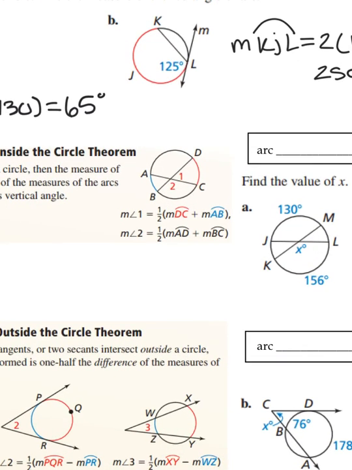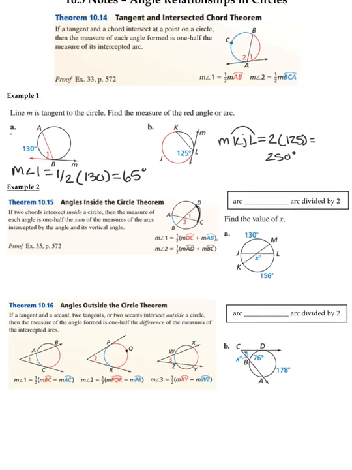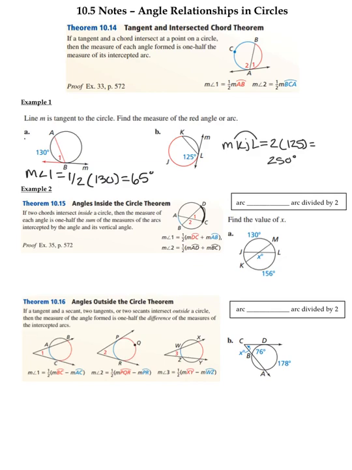If we look at the measure of angle 1 in this example, that's going to be 1/2 of DC, which is this arc here, plus AB. So we're going to look at the two arcs, right? The two arcs that are created by the angle, and then we're going to just divide it by 2, and that's going to give us the measure of angle 1.